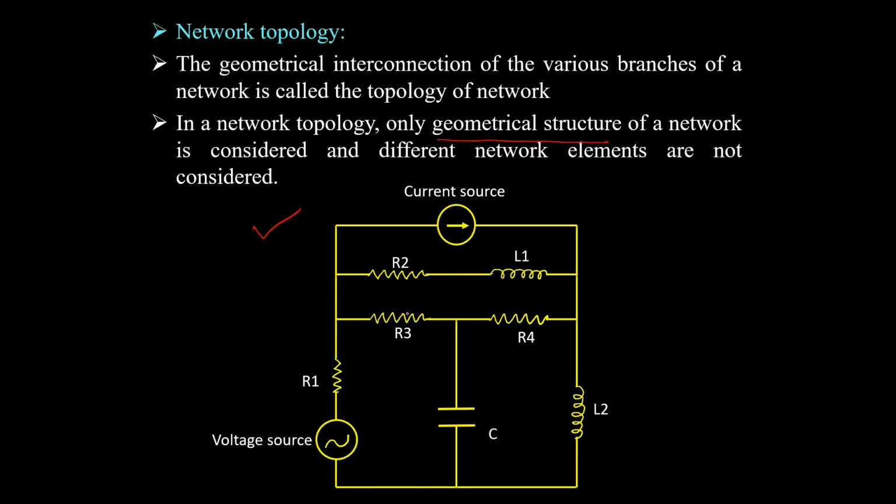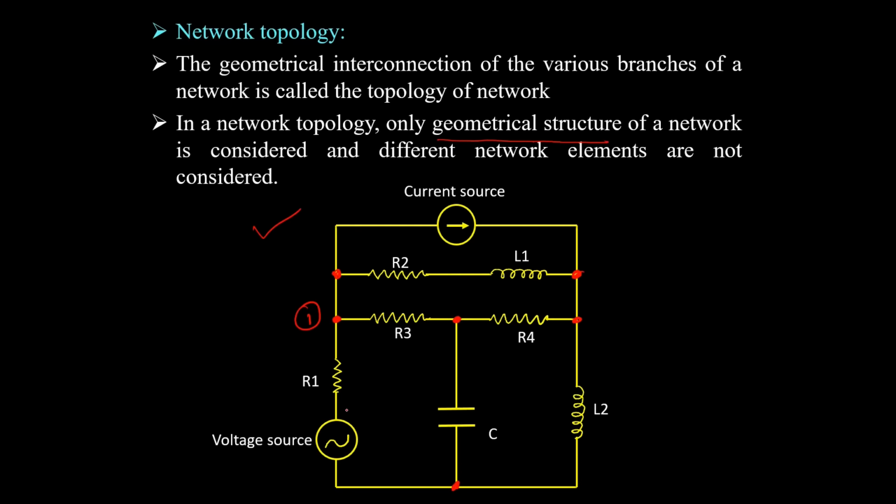It means you just look at how many nodes are present in this network and how many branches are present. As we said, we have first node, second node, third node, fourth node and fifth node, and we have one reference node here. So totally we have 6 nodes including the reference node.